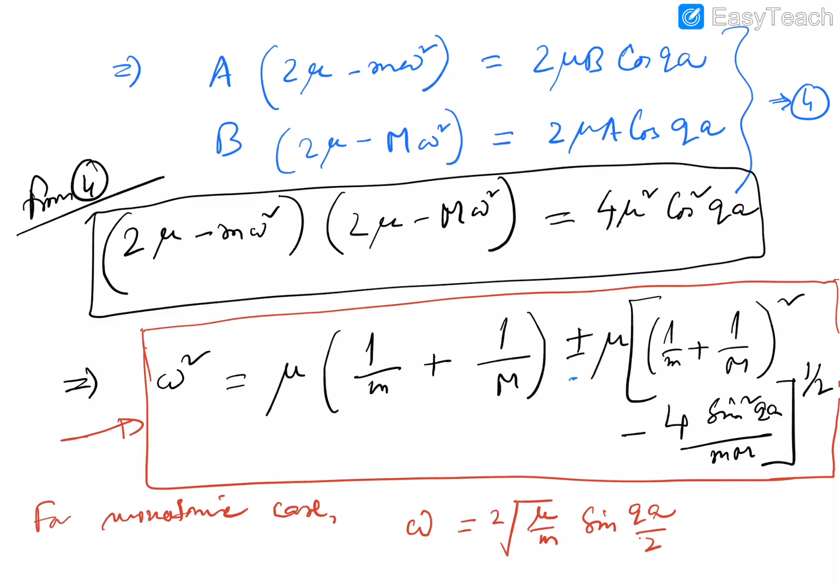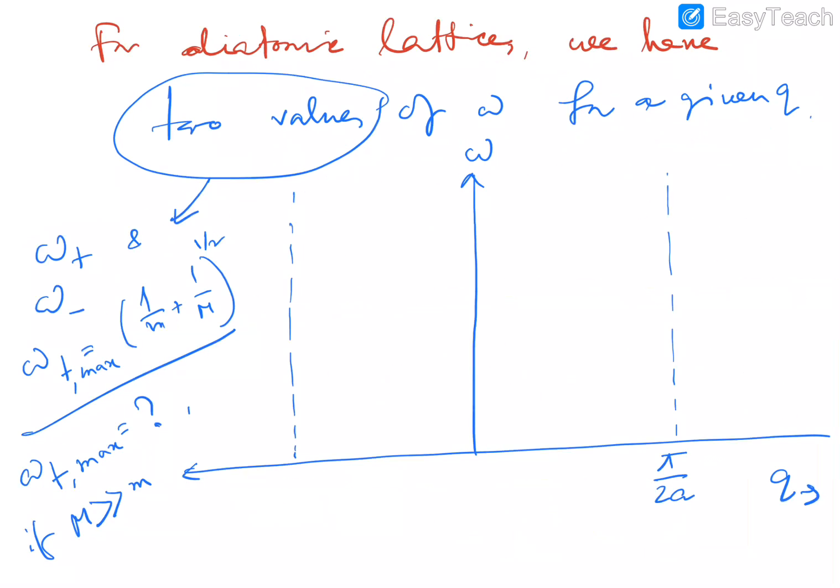If you solve this, for Q corresponding to pi by 2a, you get the maximum. I'm skipping this calculation, but you can check it very quickly. So you will have a maximum, something like this here. Similarly, corresponding to minus Q, you will have something like this. It's not symmetric, but it should be.